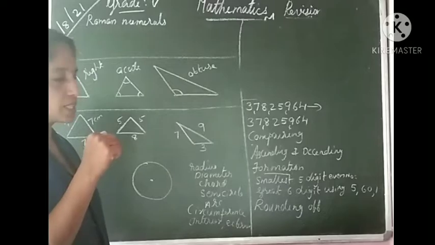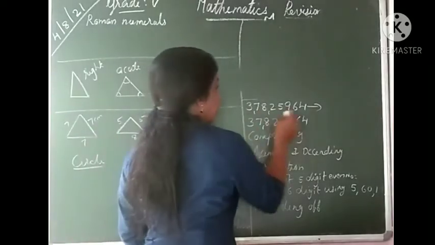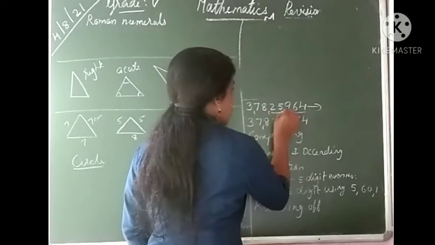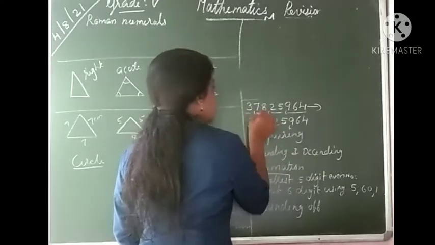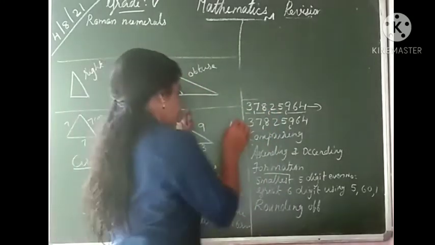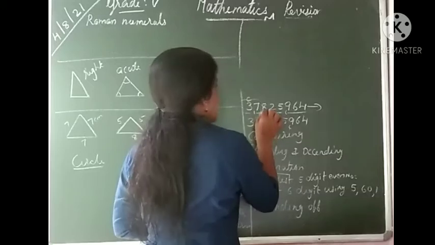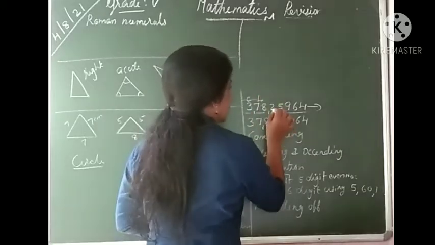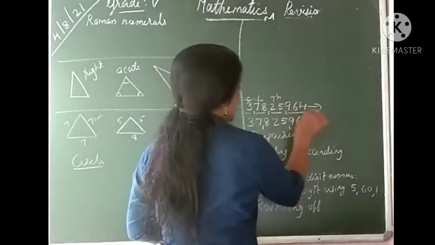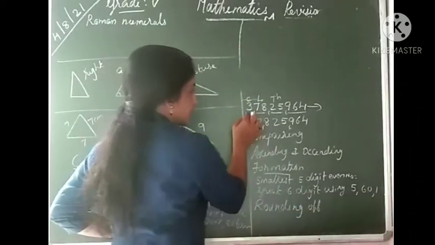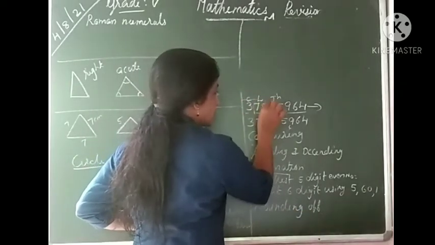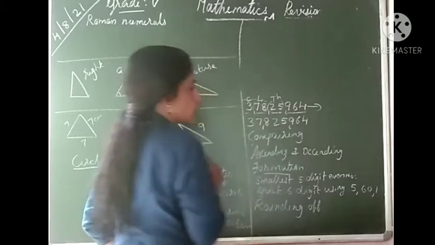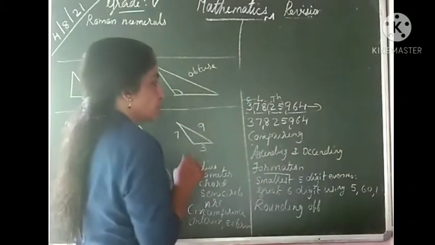Therefore, we can understand this is Indian. This is ones group, thousands group, lakhs group, crores group. Therefore, we can read 3 crore, 78 lakh, 25,964.